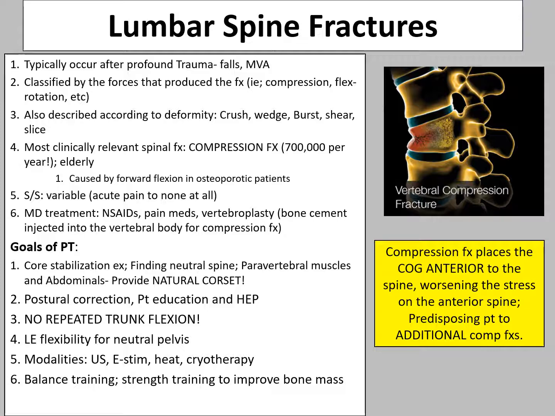As our textbook lists, 700,000 per year occur usually in the elderly, and it's usually caused by a forward flexion moment in a patient that has osteoporosis, so they have that weakened bone. If you look at the picture of the spine to the right, you see the compression from forward flexion, which causes a compressive force that would then result in a fracture.